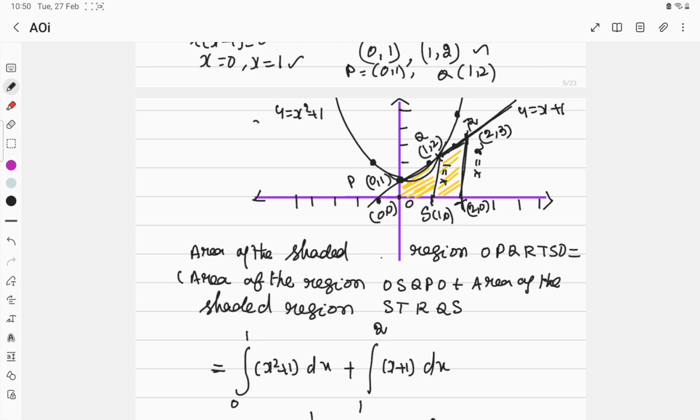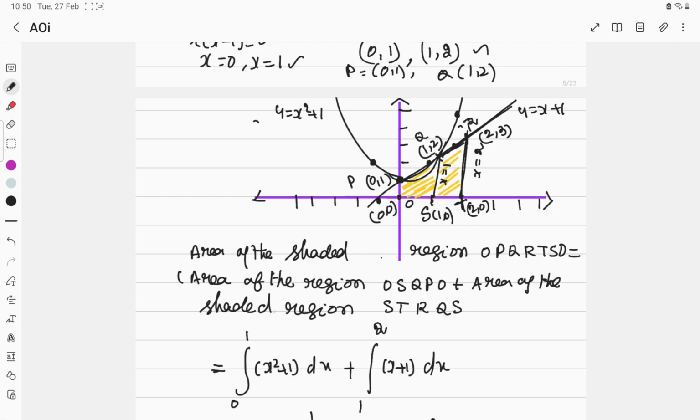Area of the shaded region O, P, Q, R, T, S. We start here at O, P, Q, R, T, S and end here.